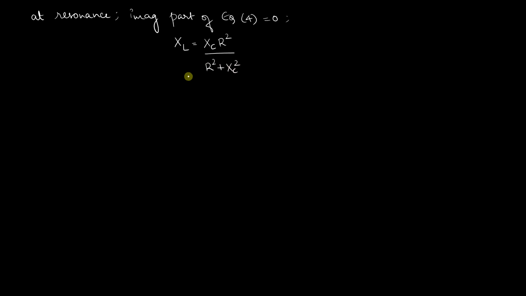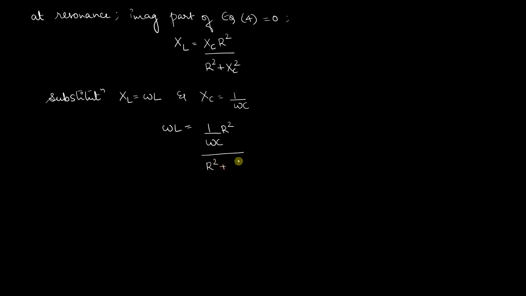Because I want to compute the expression for resonant frequency, let me represent XC and XL in terms of omega. So substituting XL equal to omega L and XC equal to 1 by omega C, I can write this as omega L equals 1 by omega C times R square divided by R square plus 1 by omega C the whole square.